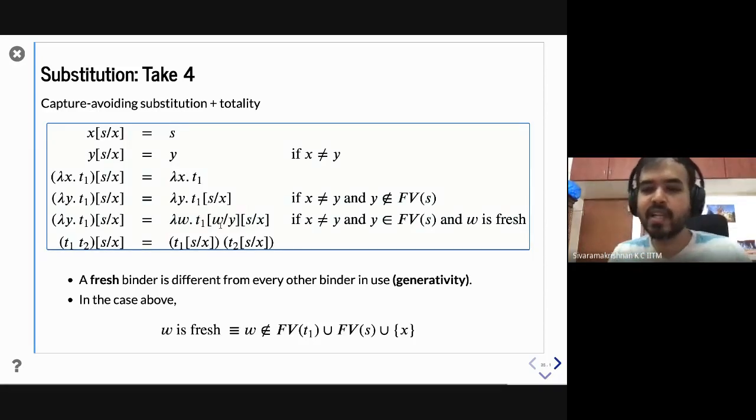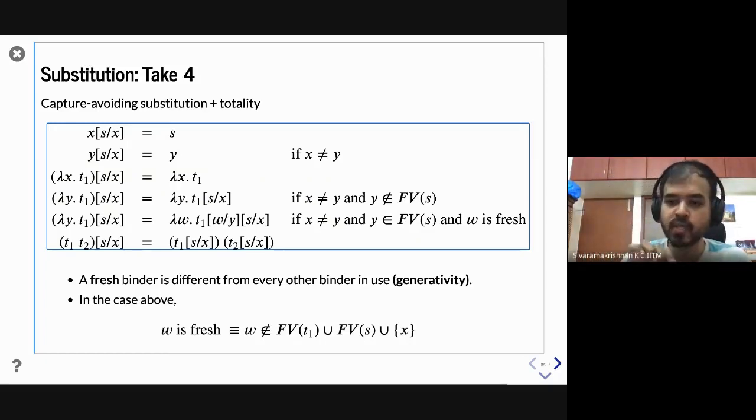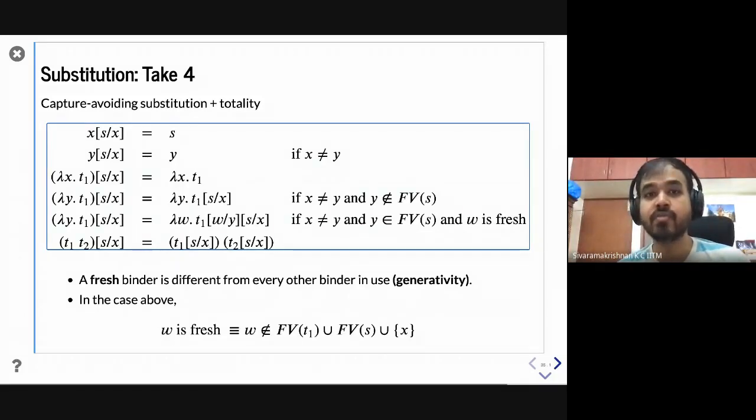Okay, it's a bit intricate, but I recommend you go through the two examples, the constant function being the identity function and the identity function being a constant function. Keep those in mind and slowly work through the substitution. You will understand how it works. In fact, substitution happens to be one of the subtle points of lambda calculus, even today. Even programming language experts get confounded by this.